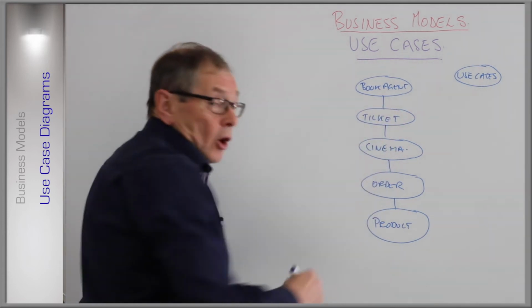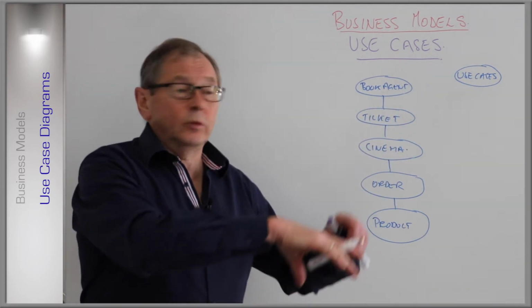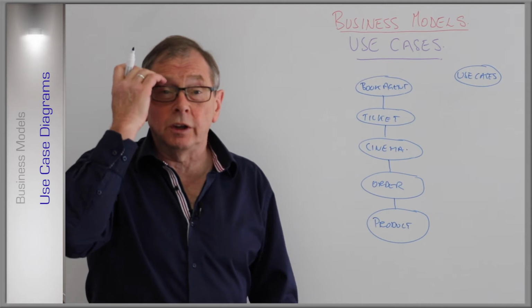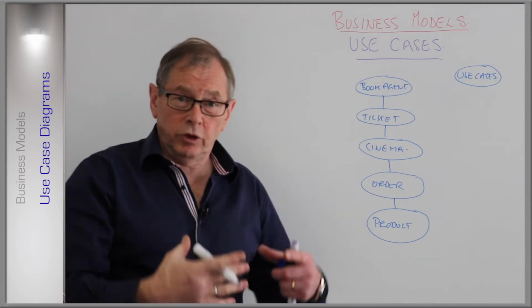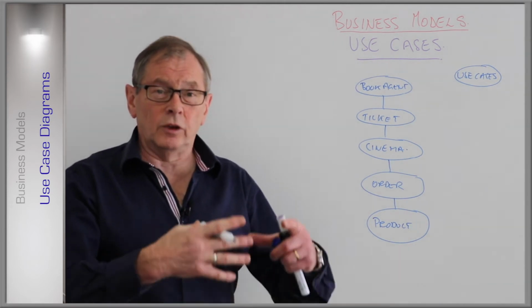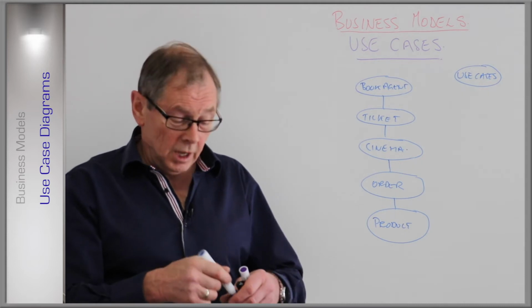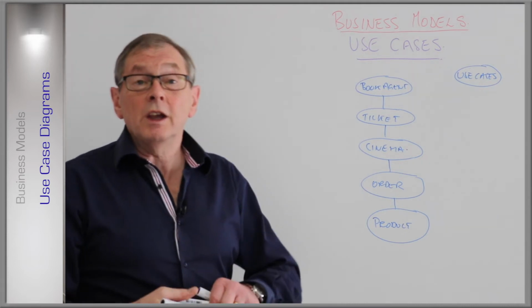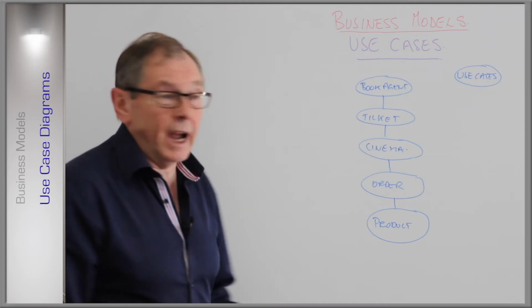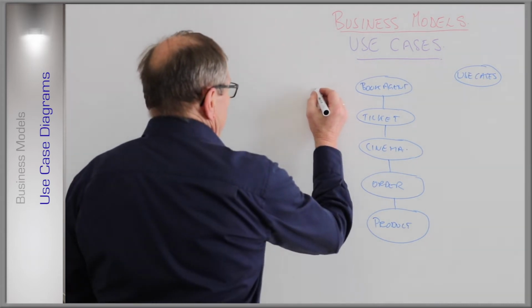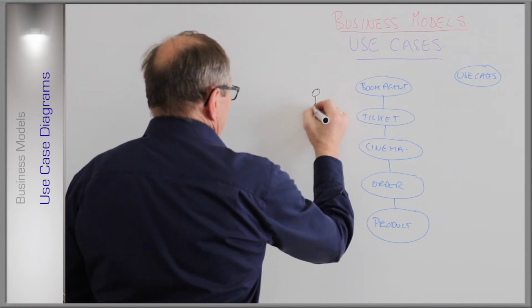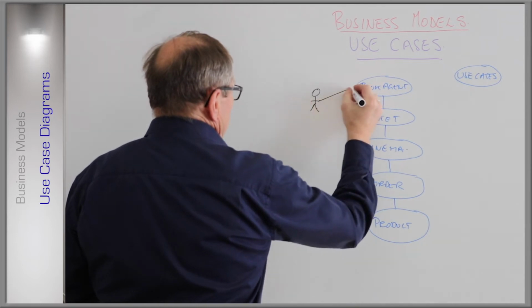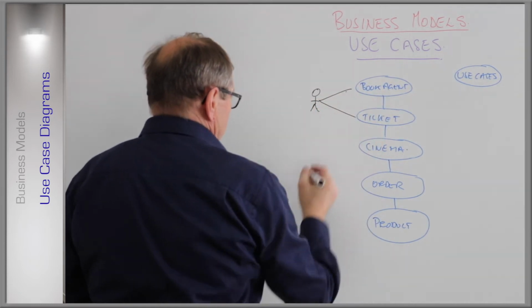Now, associated with these use cases, the idea is that this will provide a flow chain from one system to the next of what particular use case. It's a flow in a sense, but a different sort of flow. It's trying to get a particular set of functionality together. And associated with it will be people, or actors. They usually call them actors. So we might have one person here as the person booking, who might be the ticket agent, and therefore arrange the ticket.